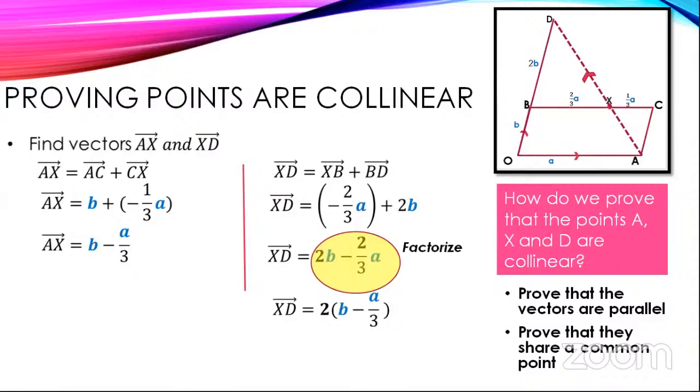Vanessa, Gregory, Gabriel are all saying the vector AX is equal to half of vector XD. All right, and I will take that, or we can say when we compare them like that, XD is 2 times that of the vector AX.